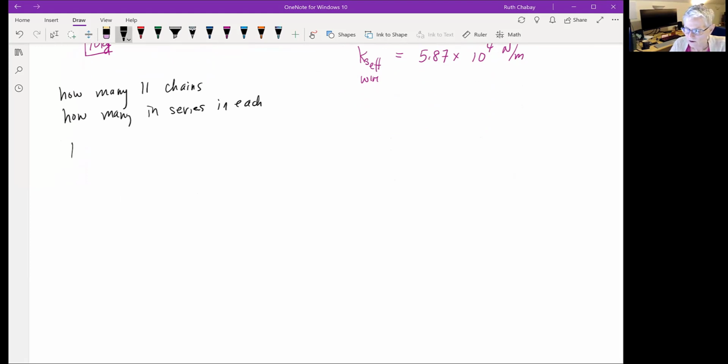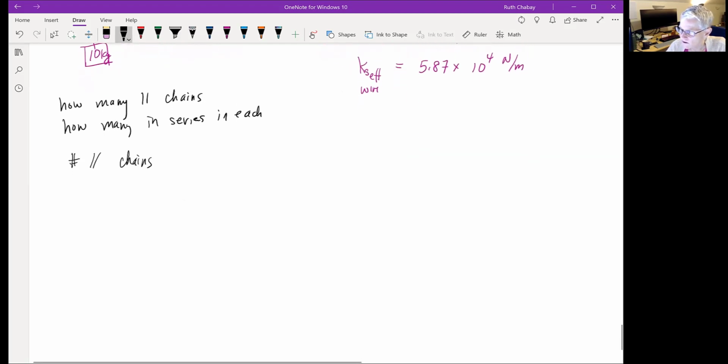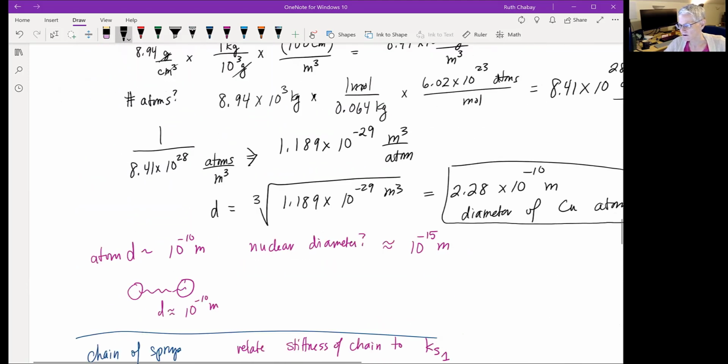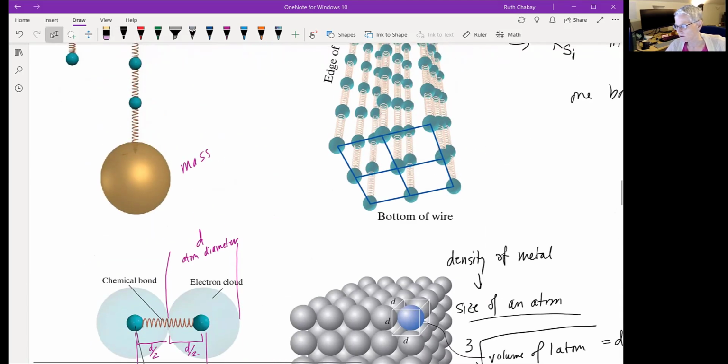So the number of parallel chains we can get from taking the cross-sectional area of the end of the wire here. So here's our wire, here's the end of the wire, and we have some number of atoms in an array in it. It's this picture here, okay?